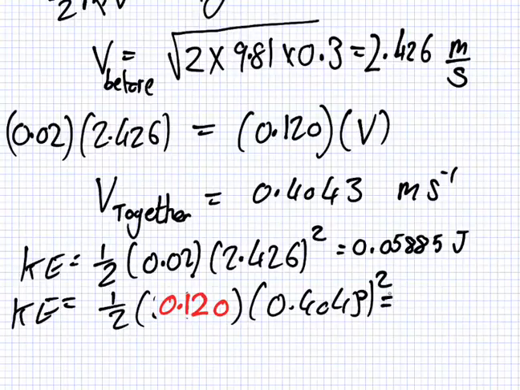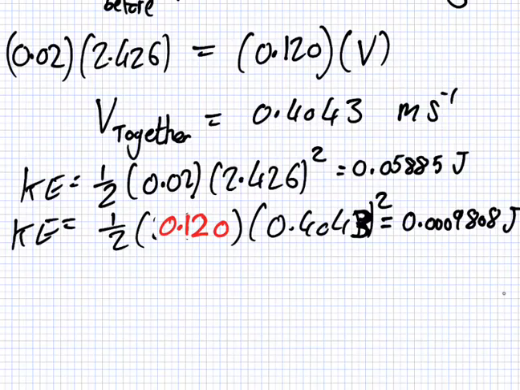If it's not, you've done something, or I've done something really wrong here. A half times 0.12 times 0.4043 squared. Tiny. 0.009808 joules.